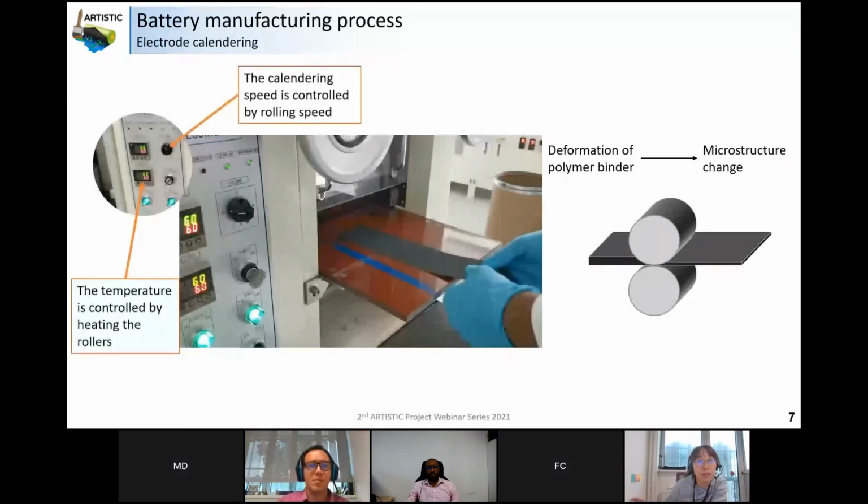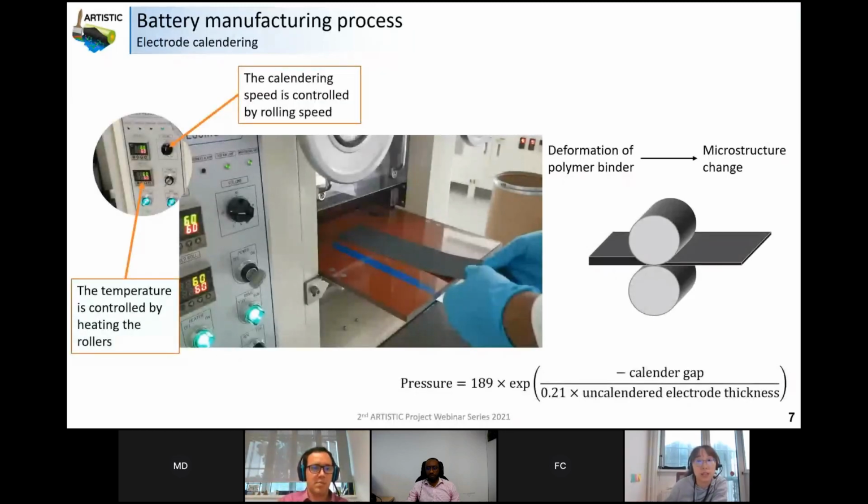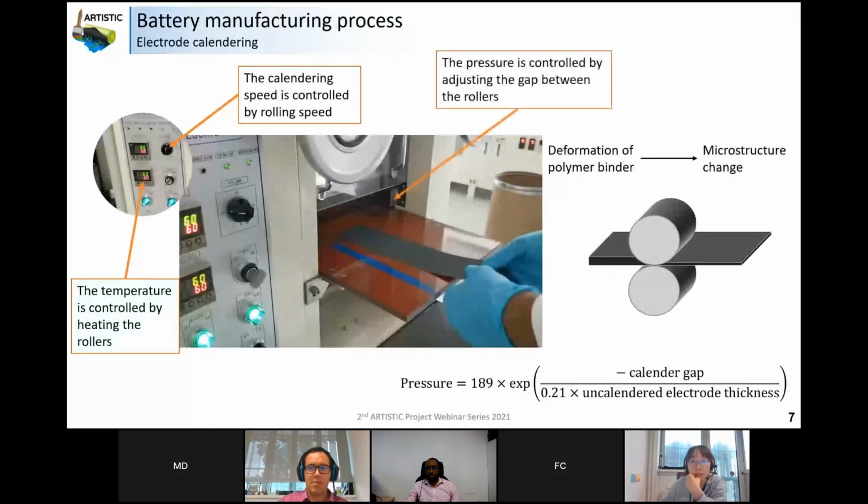Here we can set three different parameters for the calendaring conditions: the temperature, the calendaring speed, and the pressure. The calendaring speed and the temperature can be easily controlled on the panel.